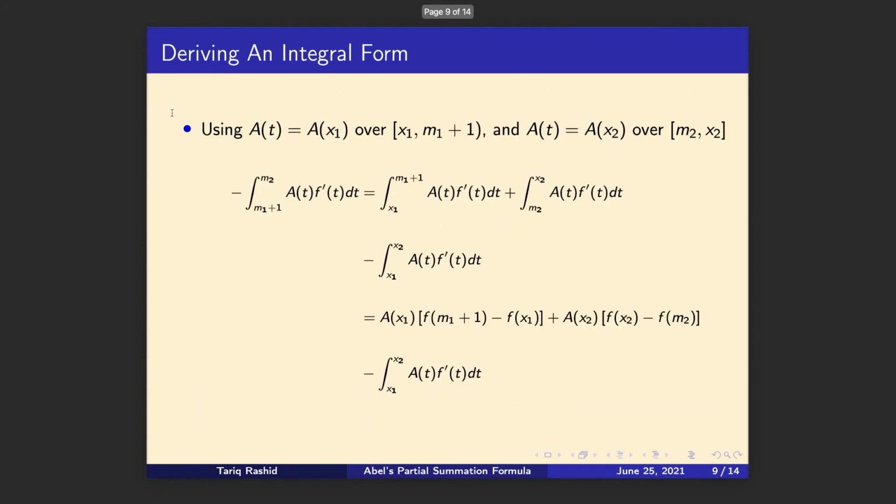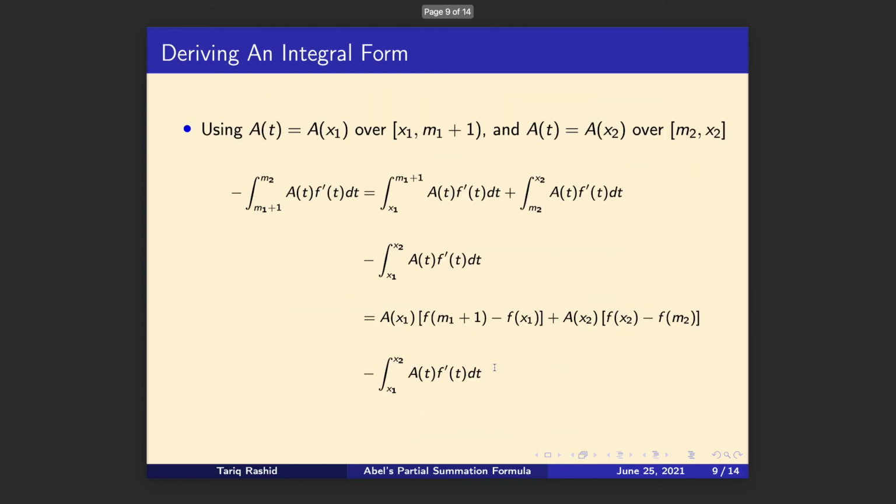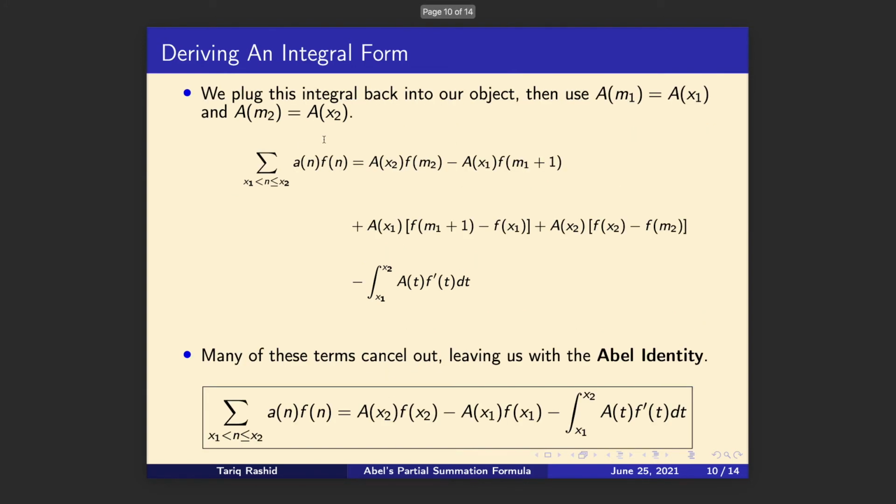Now this integral here, that's what we found in our expression, this thing here. So if we plug this back into the expression for the original object, we have quite a long expression. We've got the original terms we were carrying, plus the terms from the latest integral rearrangement, minus this.